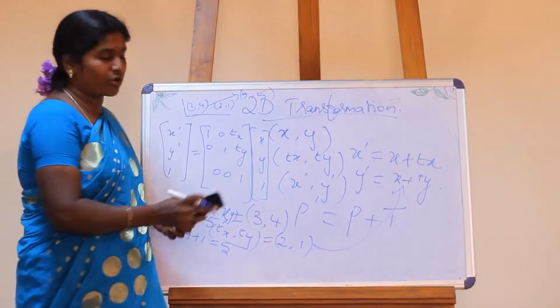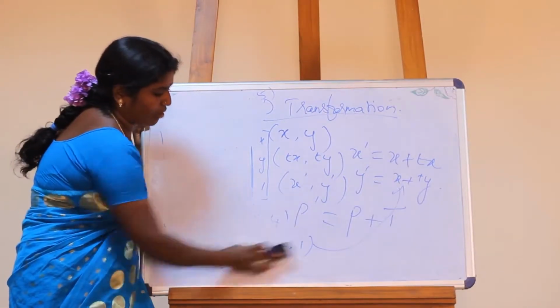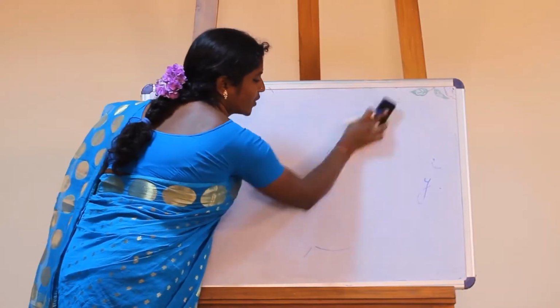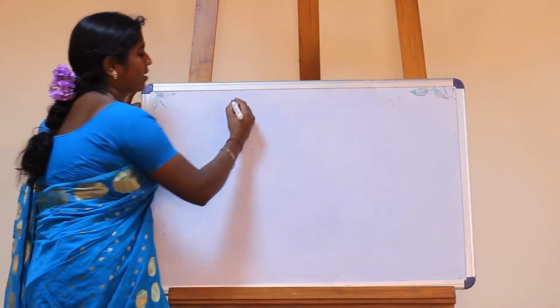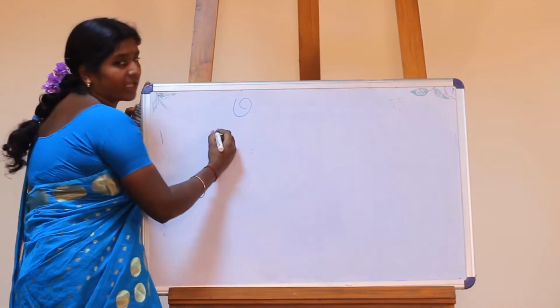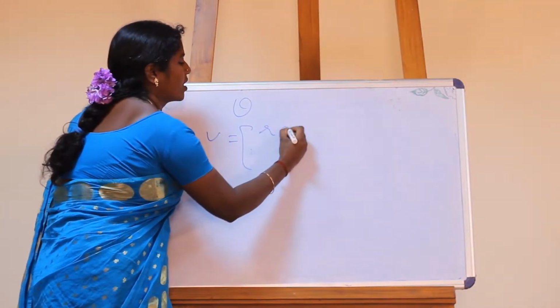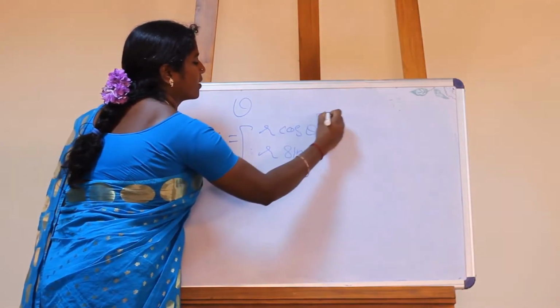Next we see rotation. Rotation means rotating your object along a circular path. If the original angle is defined as theta, then the polar coordinates are defined as r cos theta and r sin theta.